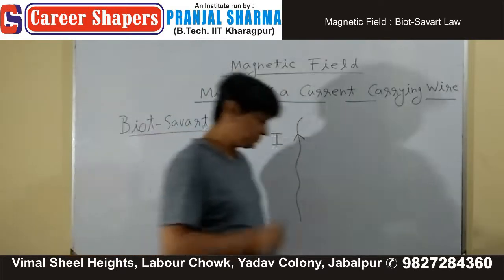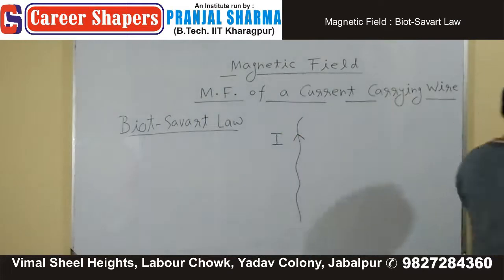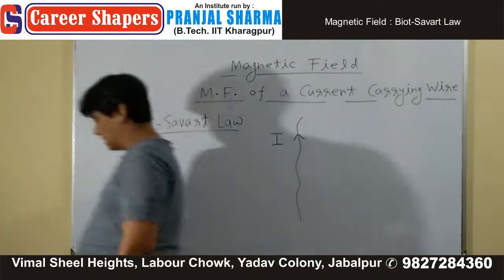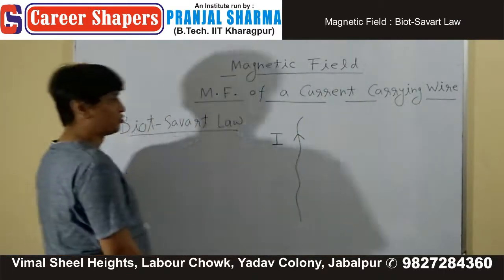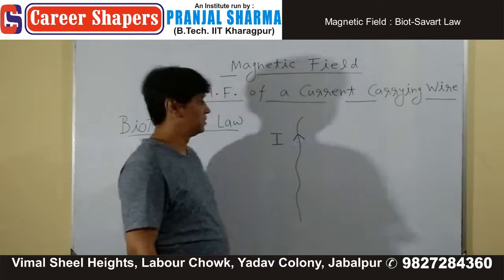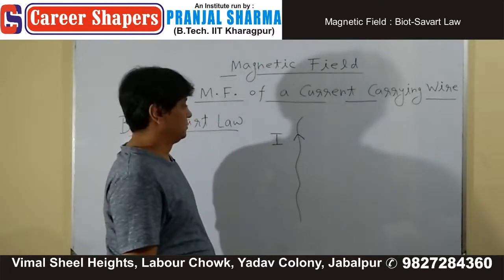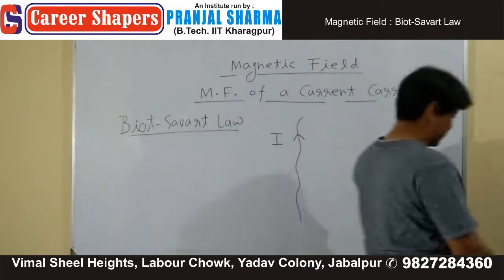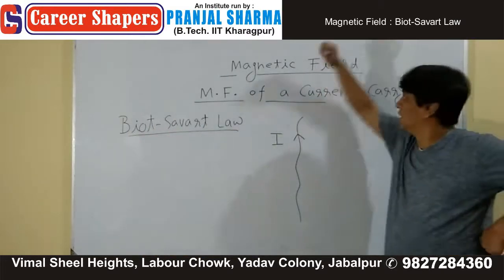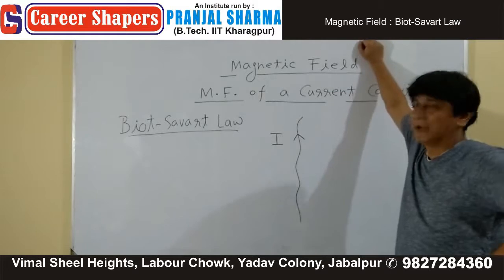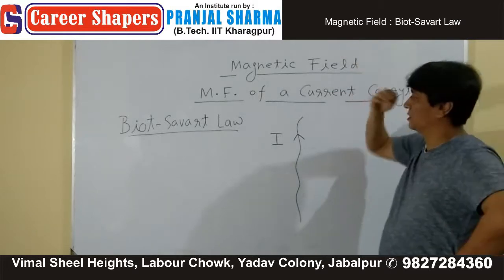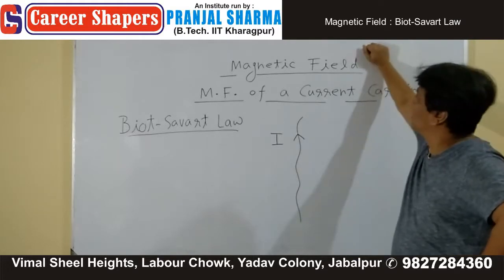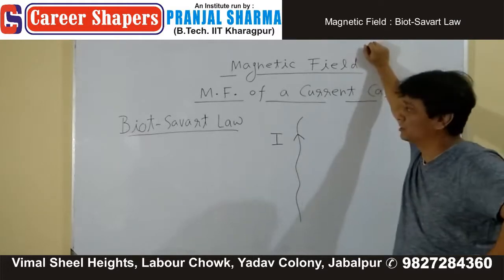Write down this. A current carrying wire is electrically neutral, that is, it has same number of electrons and protons.